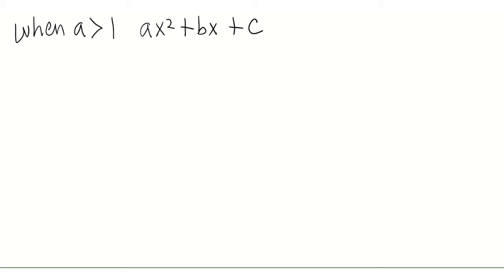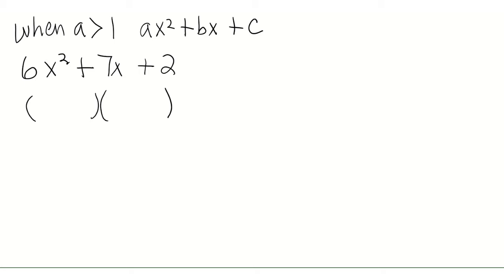So let's look at our first example. If I have 6x squared plus 7x plus 2, and I want to factor it into binomials, I have a 6 instead of a 1 in front of that x squared.